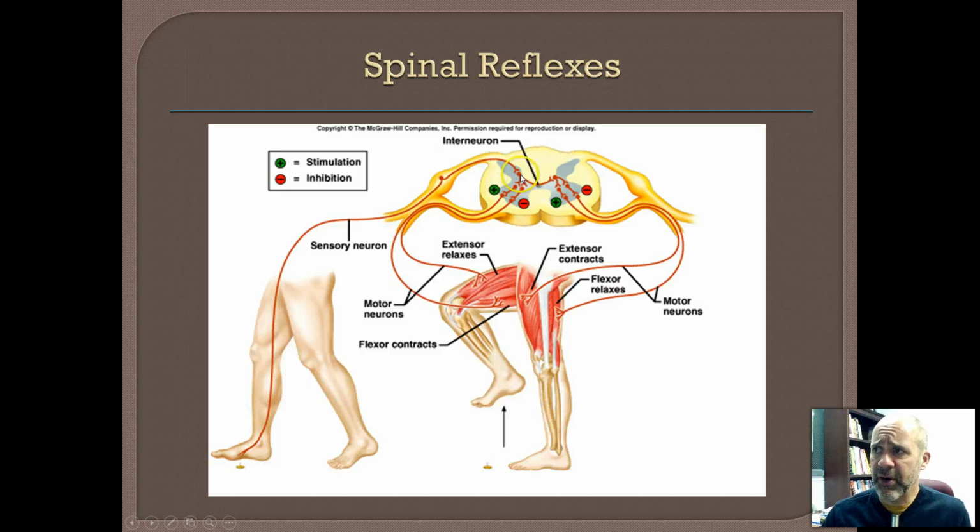And the interneurons here are going to do multiple things. All right, so this guy, because he's stepping on the tack, he needs to lift up his leg on that side of the body. So you're going to stimulate the muscles that are involved in flexing the knee, and you're going to relax the quad muscles that would be involved in extension.